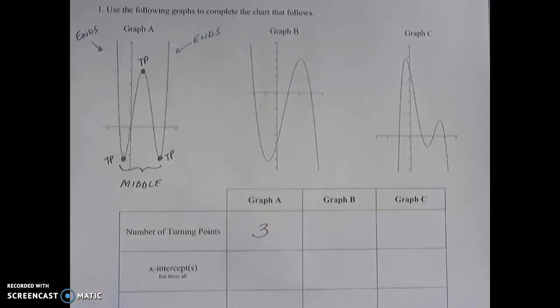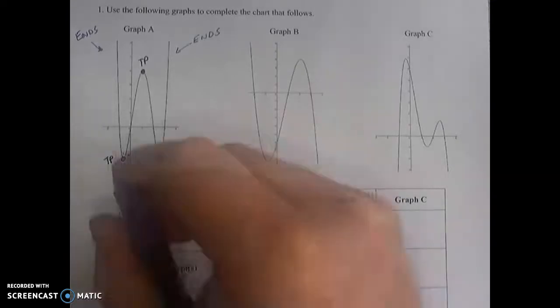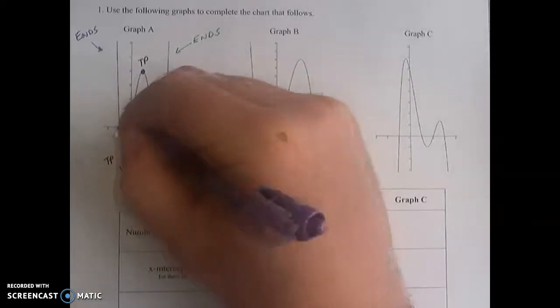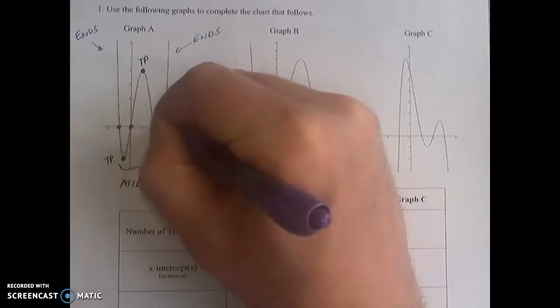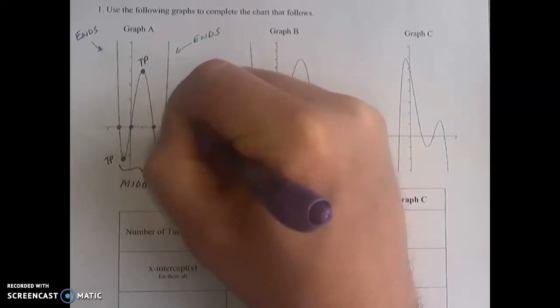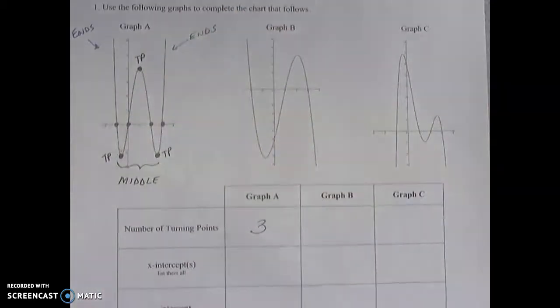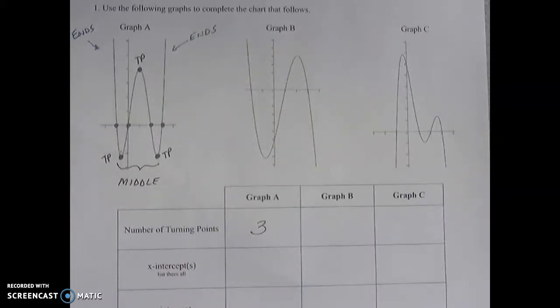Okay. Now let's take a look at our x-intercepts here. Okay, so our x-intercepts, we've got 1 crossing the x-axis, 2, we have a third, and actually we happen to have 4 x-intercepts here, where this graph crosses the x-axis. Okay, we're going to list them all.